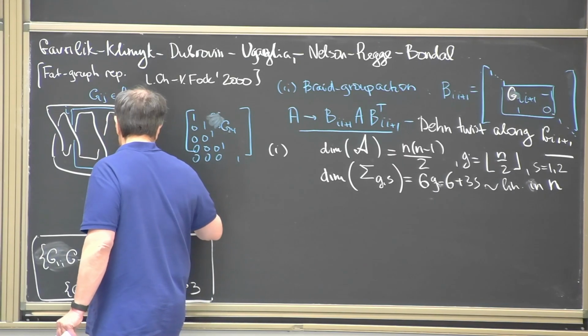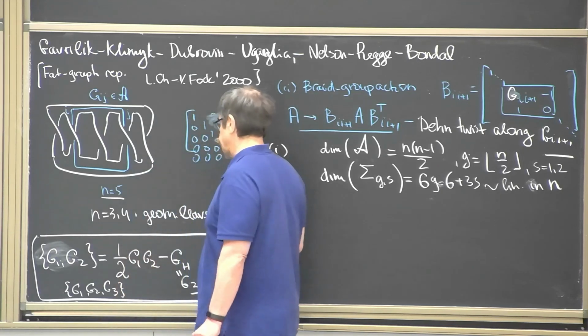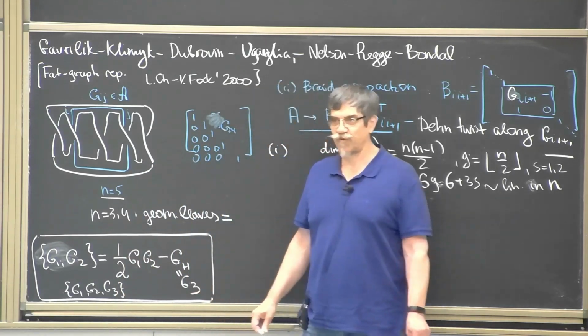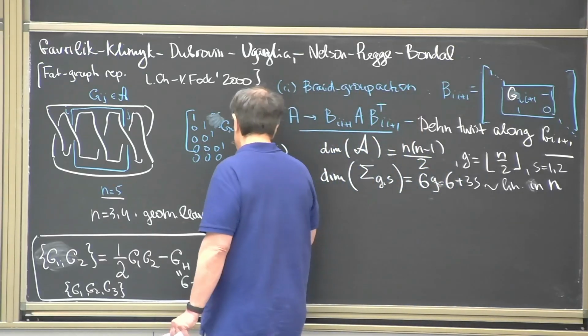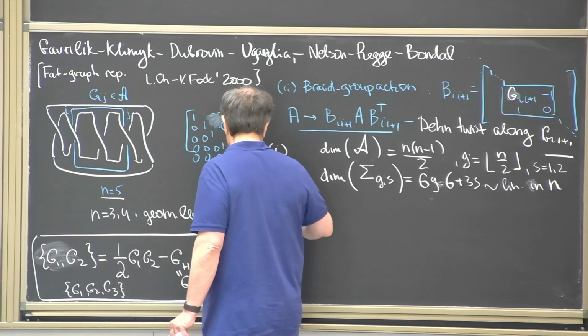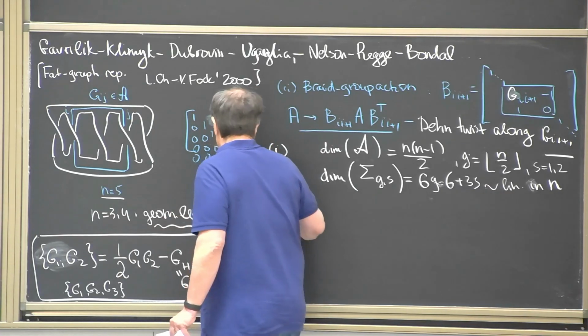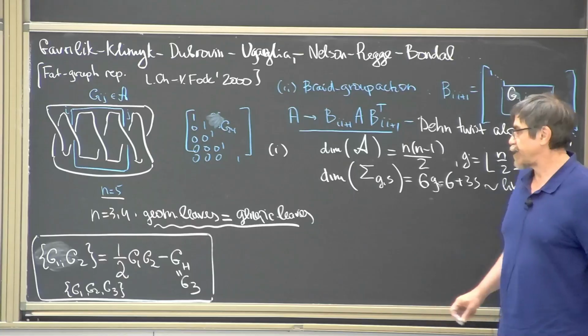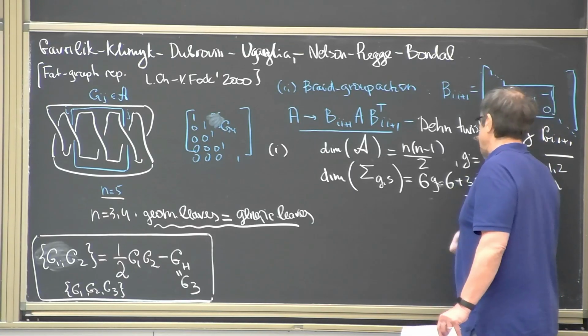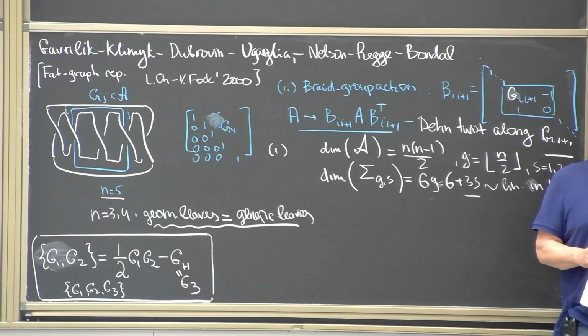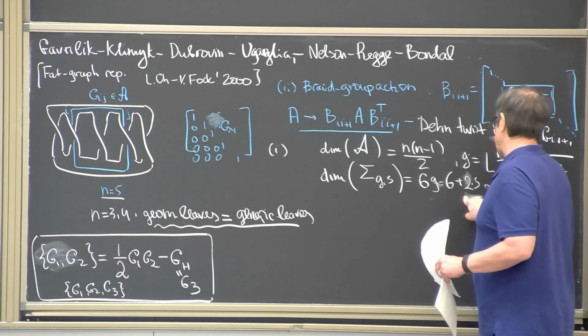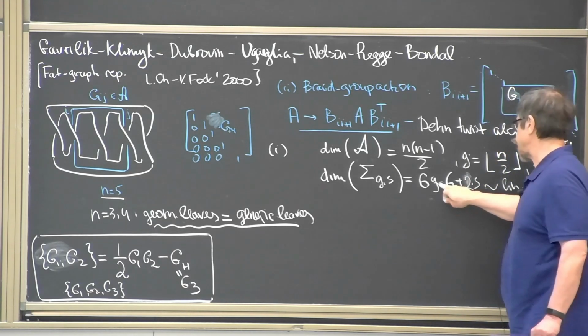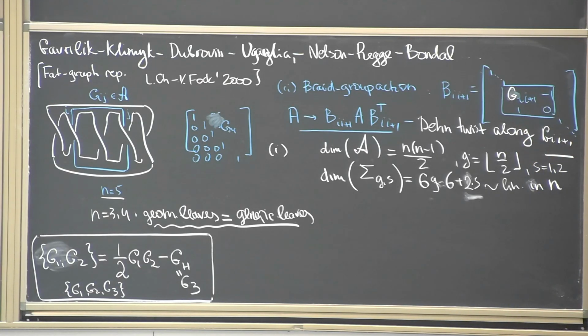So also for n equals 3 and 4, the geometric leaves are the corresponding Poisson leaves of maximum dimension, so generic leaves. We have S central elements here. Let's make it 2.